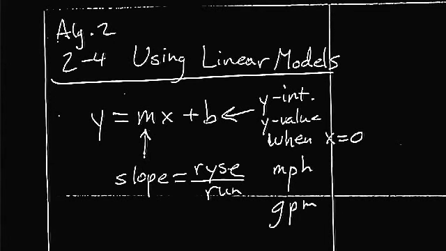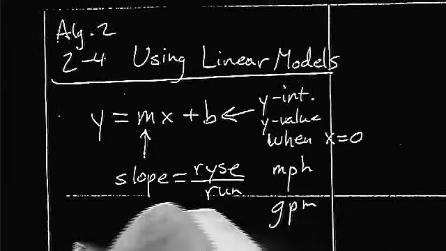But whatever x represents, plugging in a value of 0 for x, as we talked about in the last video, is the part you need to understand. When x is 0, you get the y-intercept, and that's really like a starting amount.